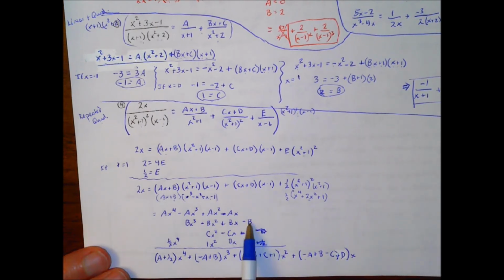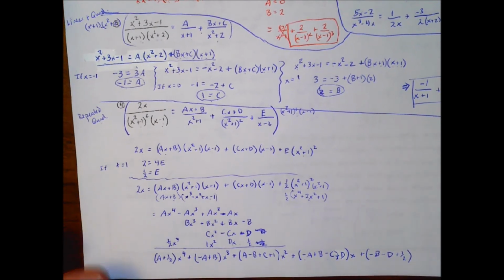And then our constants is negative b minus d plus 1/2. Whew.